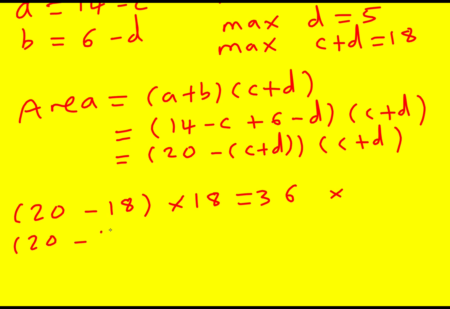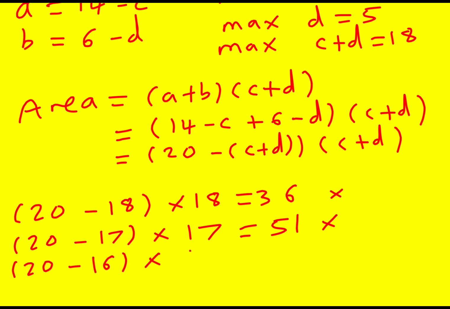Then I could try 17. Okay, I'm just going down one every time. I don't know what C and D are, but I know that the maximum is 18, so I've tried that. Now I'm trying 17. So 3 times 17 is 51. That's not on there. And I just keep going. 4 times 16 is 64.